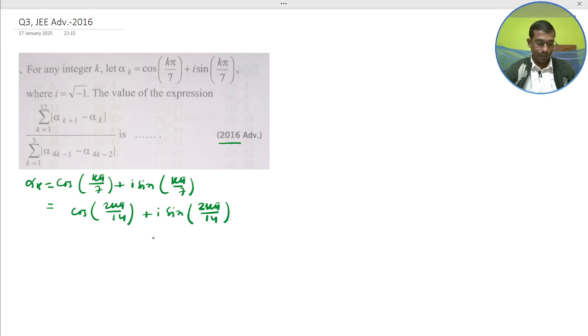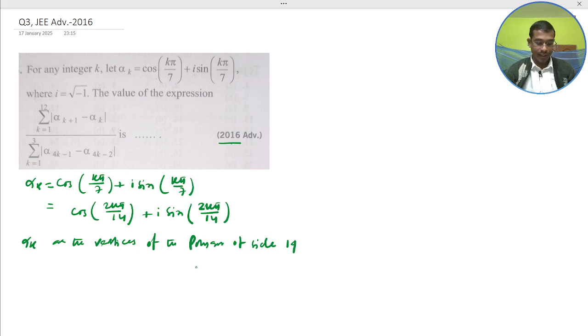So the alpha_k are the vertices of a regular polygon having 14 sides. You just need to know this theory.